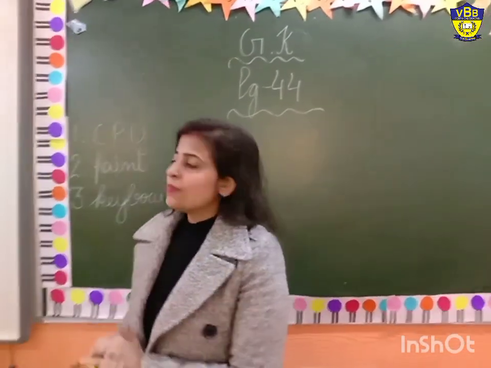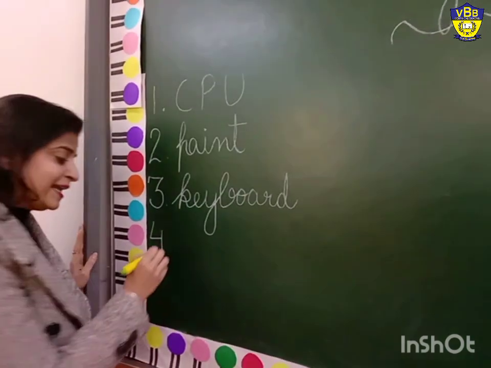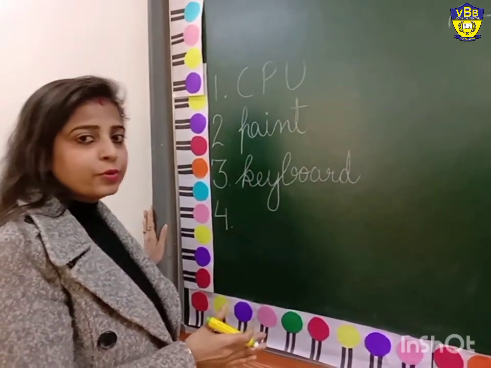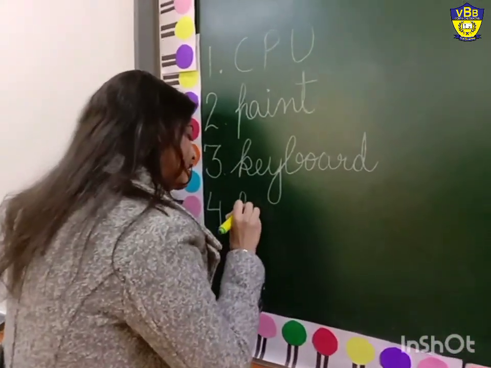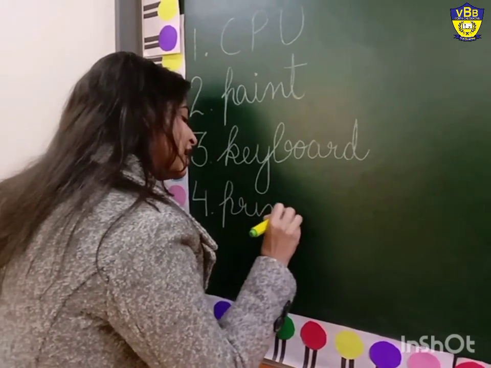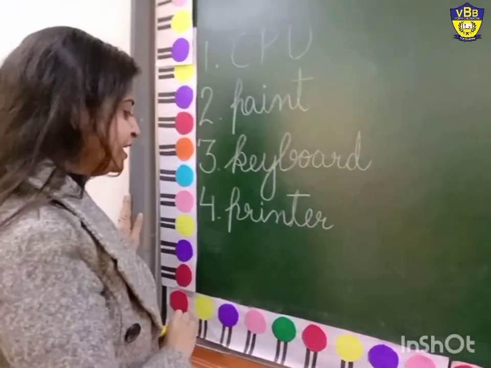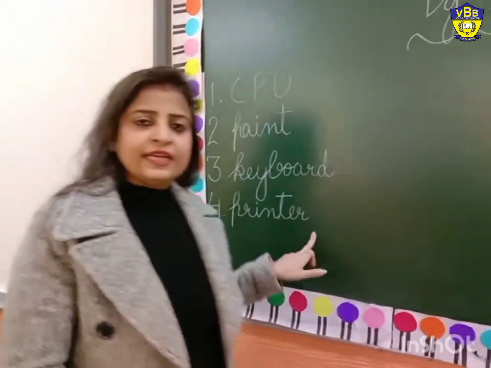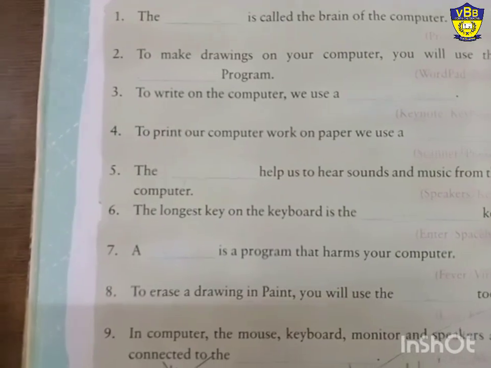Yes, that is a printer. With the help of a printer, we take out our written work which we have done in a computer on a paper. P-R-I-N-T-E-R, printer. Very well.